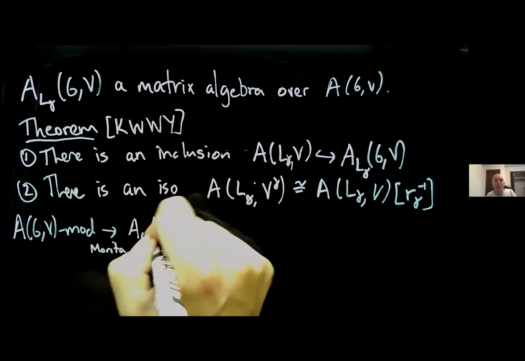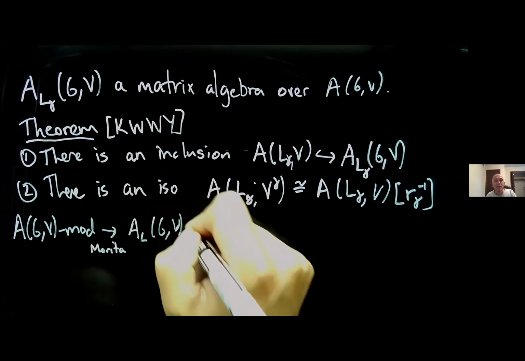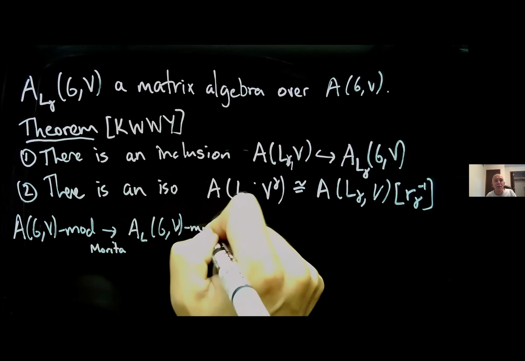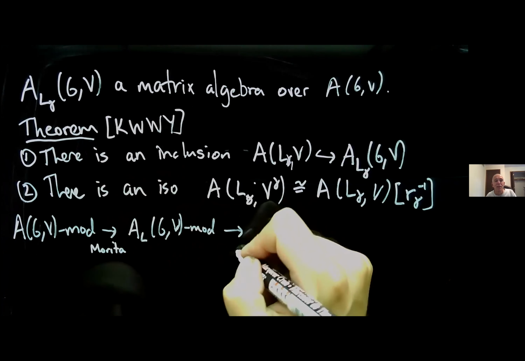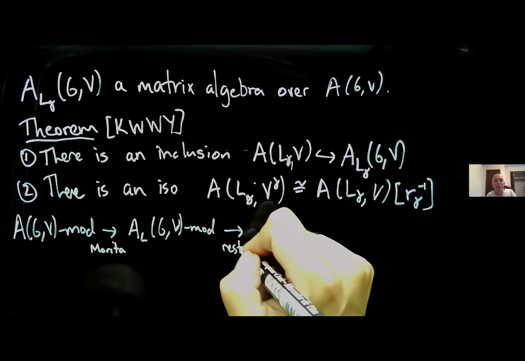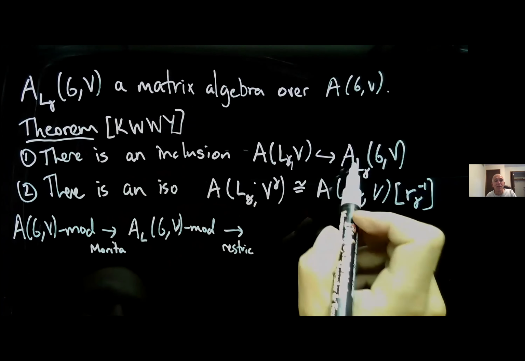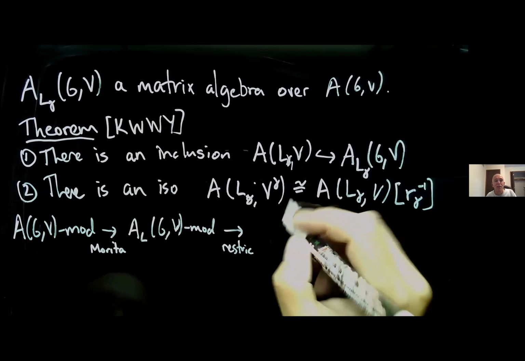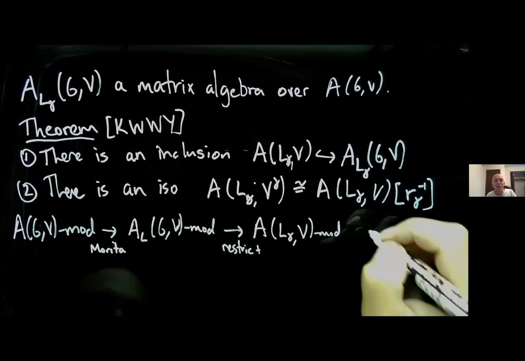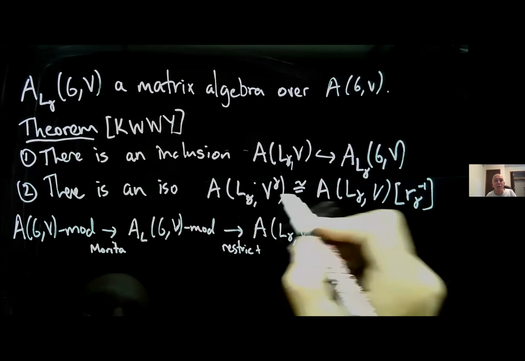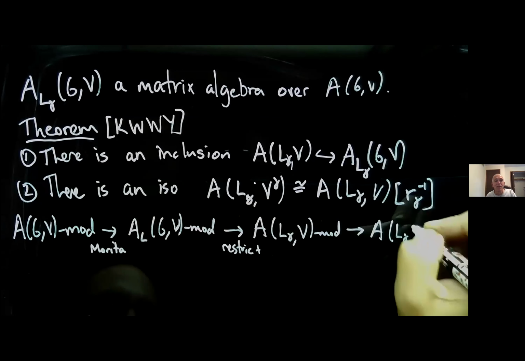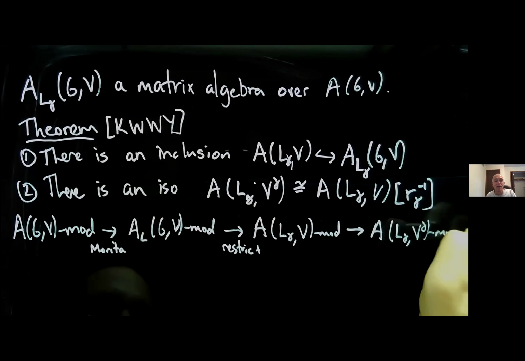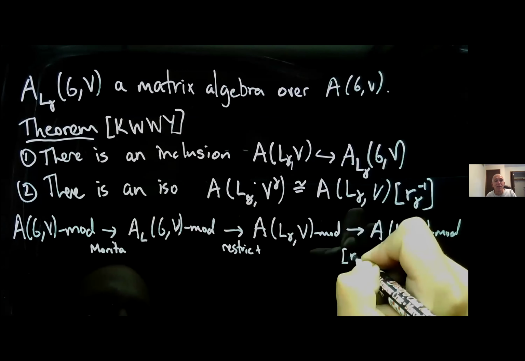So this first step is very straightforward, at least from a categorical perspective. The second step, we restrict our module using this equivalence. And in the third step, we use this localization. Localize our module.